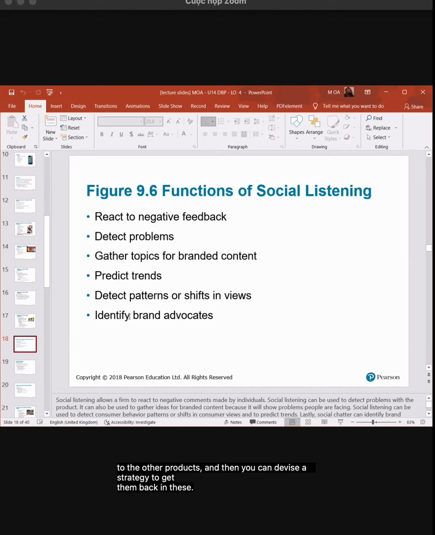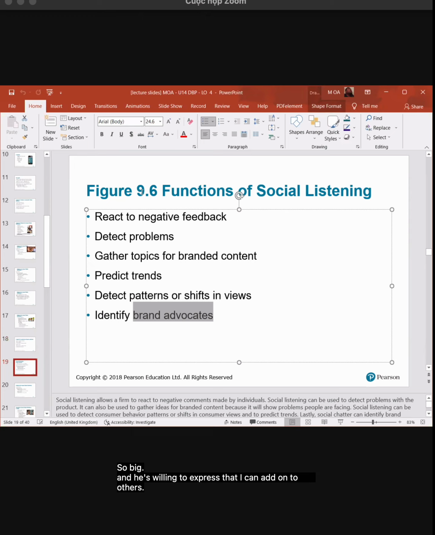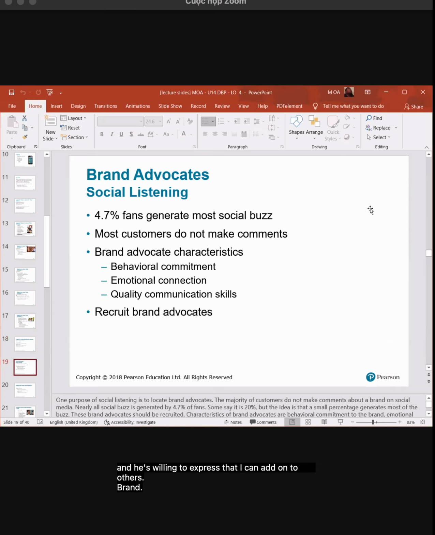In this process, you have to be able to identify people that are willing to express that liking onto others. Brand advocates are the people who are willing to make lots of comments.